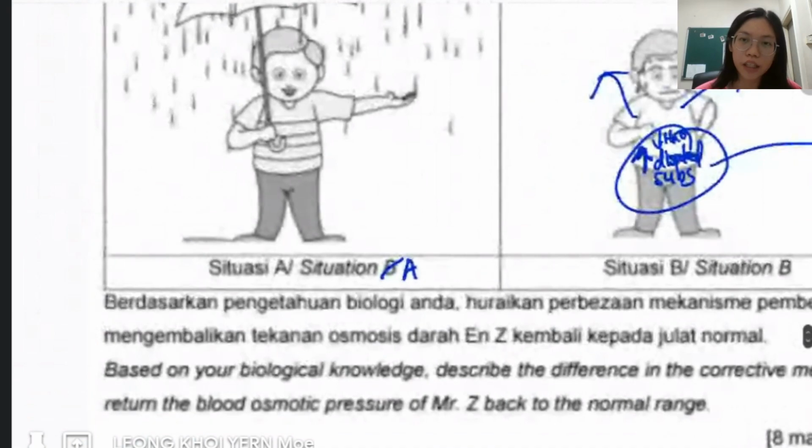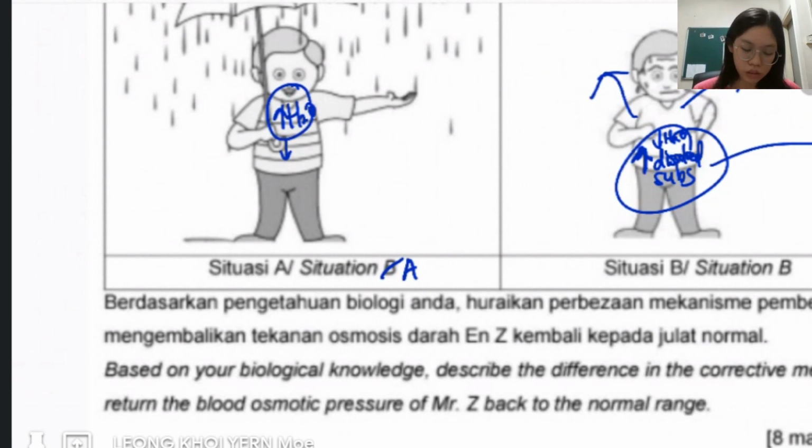For this guy right here, he barely even sweats. So a lot of water is still retained in his body, and the dissolved substances get diluted by the water in his body. So he has less solute, because a lot of water compensated already.